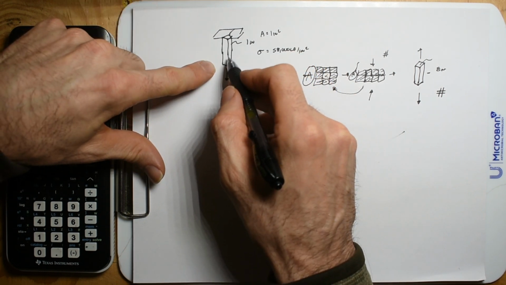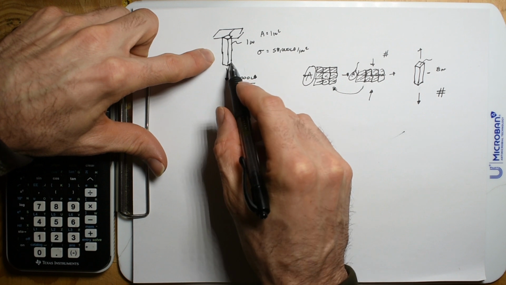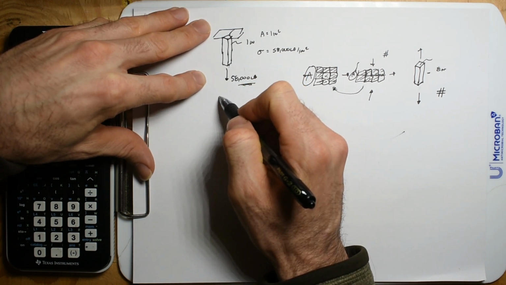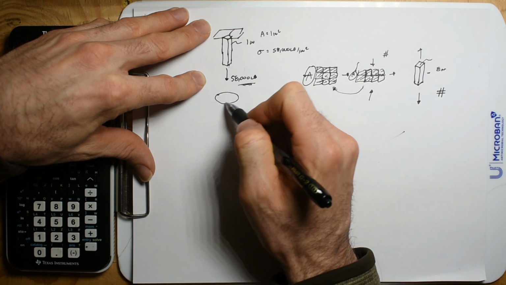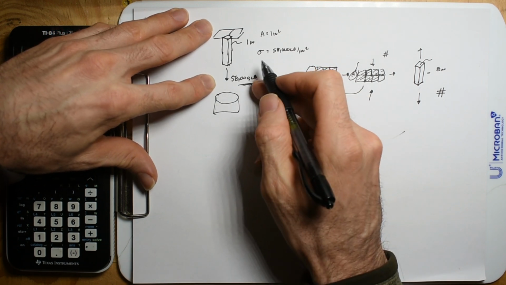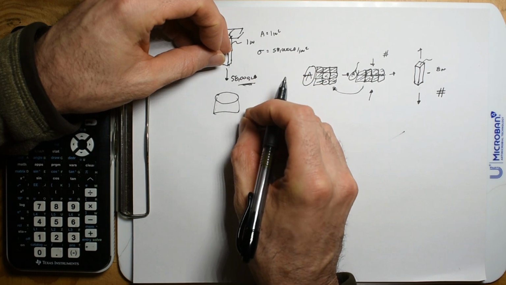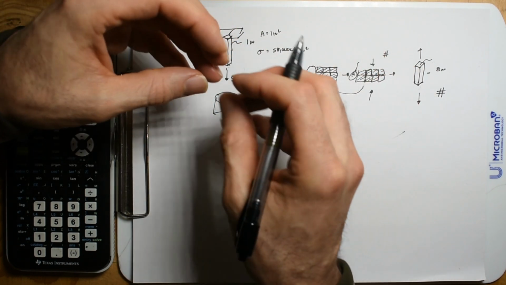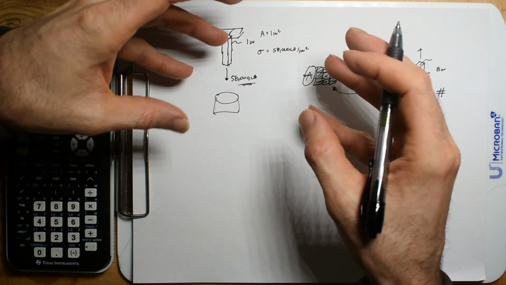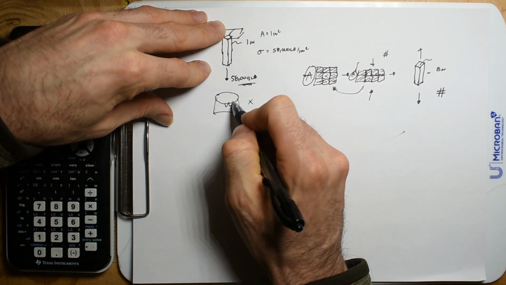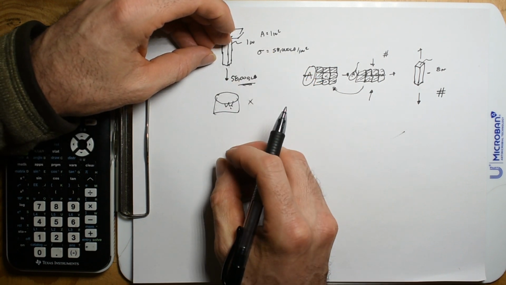Because if I'm hoisting something with a 1-inch steel bar and I accidentally put too much load, and then this starts moving, literally the second it starts to move, it can just fail. It kind of just turns into taffy, even though it gets a little bit stronger. But if it doesn't stop moving, that weight can pull it to failure.